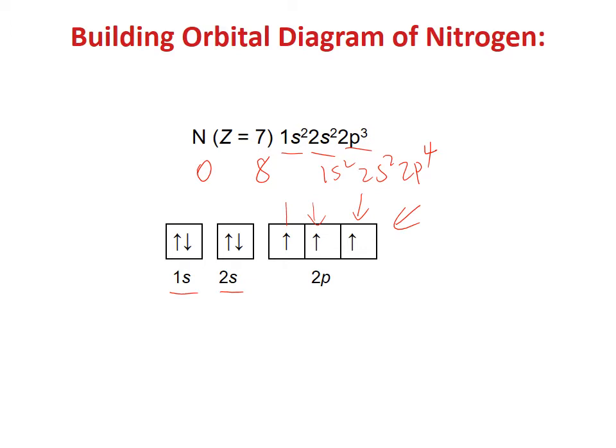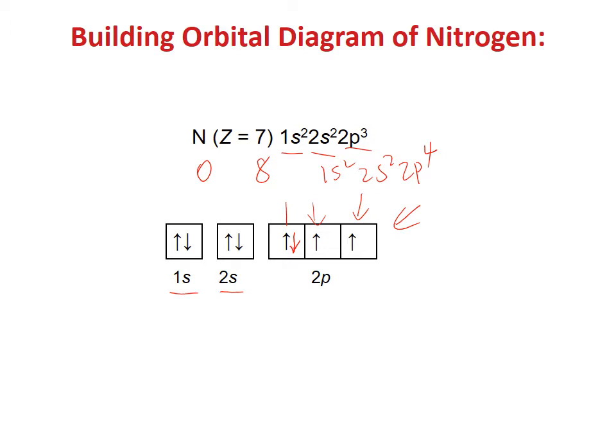This electron has to go to one of these 3 orbitals. By convention, we go to the first one. And according to the Pauli exclusion principle, it has to have opposite spin, so spin down. So this is the oxygen orbital diagram.